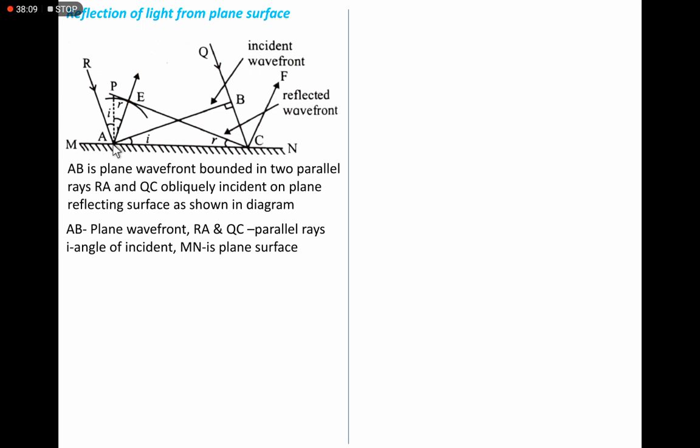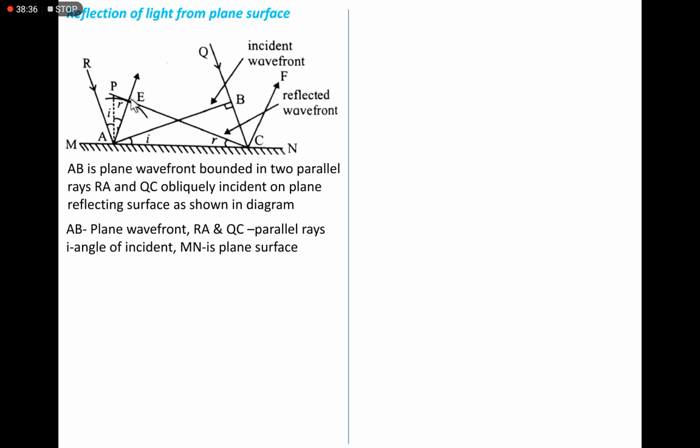Here t is 0 and here small t is equal to capital T, you can write. In time capital T, B reaches C. The waves which are emitted from this secondary source A will reach the point E.